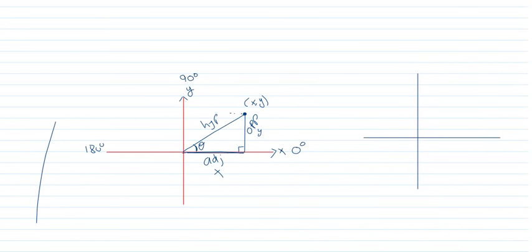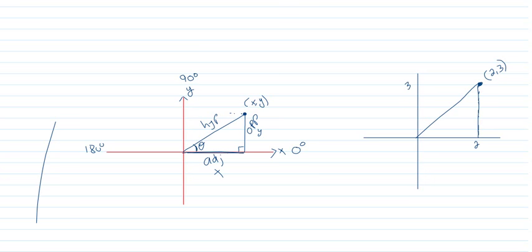If I have a point here, and that point is 2, 3. Okay? So if I draw that, so this right here is 2, so that means the x value is 2, and the y value is 3. Right? Okay.